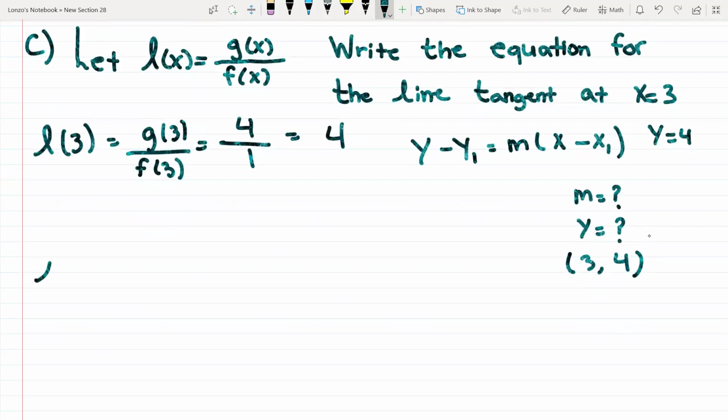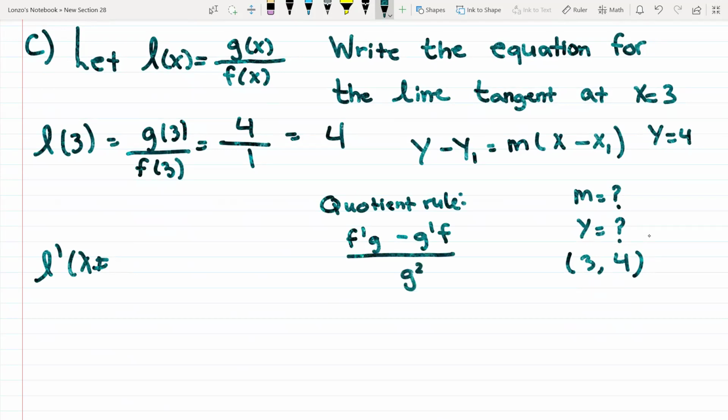So how do I find L prime of x? Just taking the derivative directly won't work. What you have to do is apply the quotient rule. Quotient rule is f prime g minus f g prime, all over g squared. So for L prime of x, what is our f and our g?